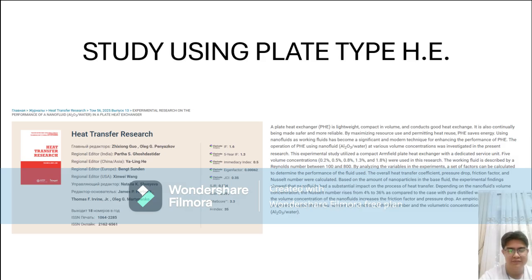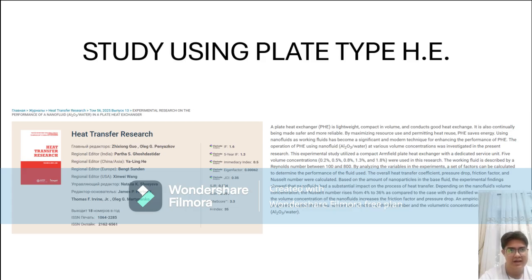What these researchers wanted to find out is, what if they introduced nanoparticles, a very minute amount of particles, in the water to attempt to change its thermal conduction or ability to cool down the selected hot fluid in the plate heat exchanger.